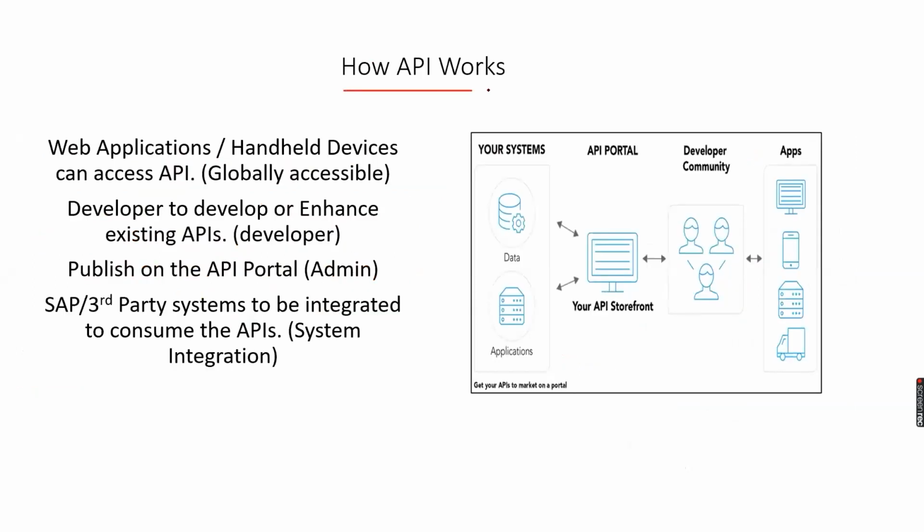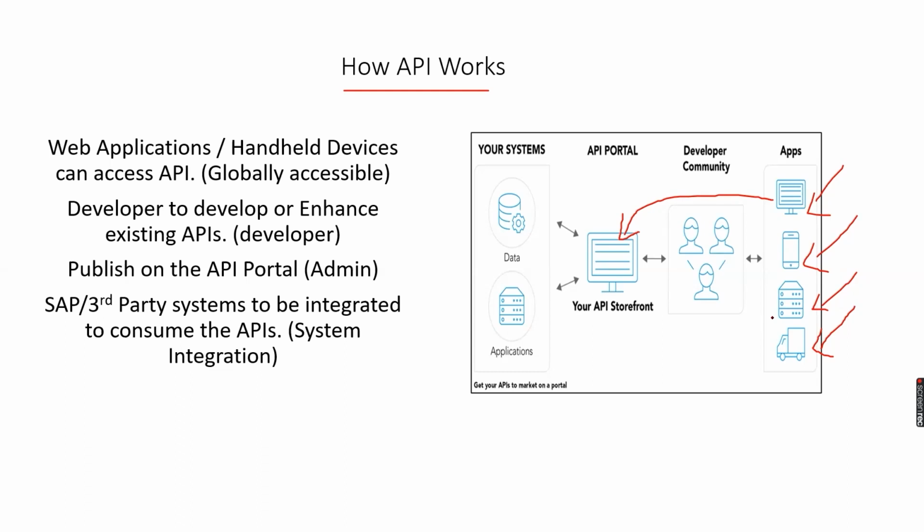Now, how does this API work? This is what we actually use in CPI, and how exactly this API looks like. Now you have all your applications, mobile applications, servers, and the enterprise applications. What you will do is first you do not directly go to the API portal. We have a mediator called the developer community or developer portal.